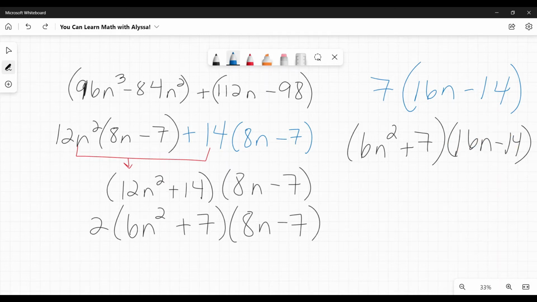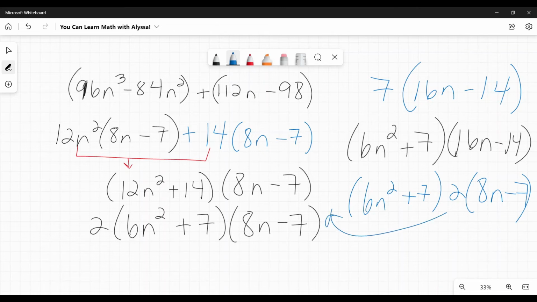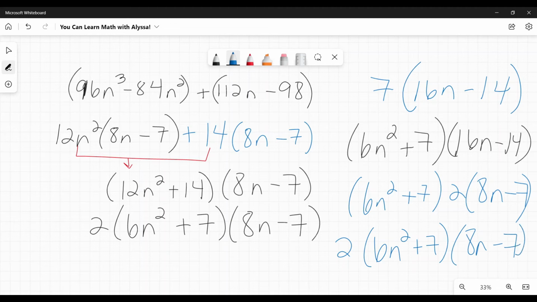I need to pull out 2. What happens when you pull out a 2? You're left with 8n minus 7. Does that look familiar? Yes, it does. I'm going to move the 2 to the front because that's the order we put these things in. And I am left with 2 times 6n squared plus 7 times 8n minus 7. So it's the same answer.